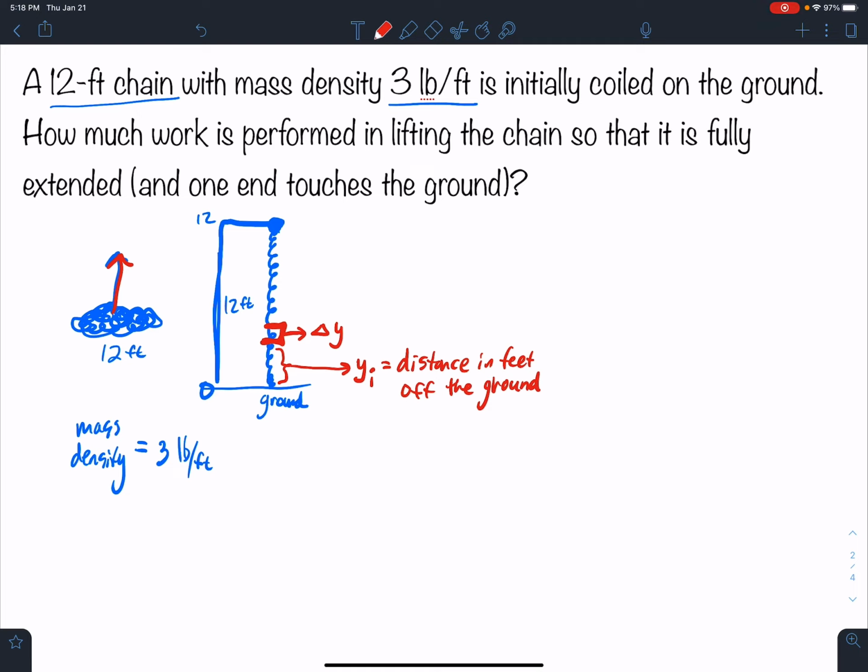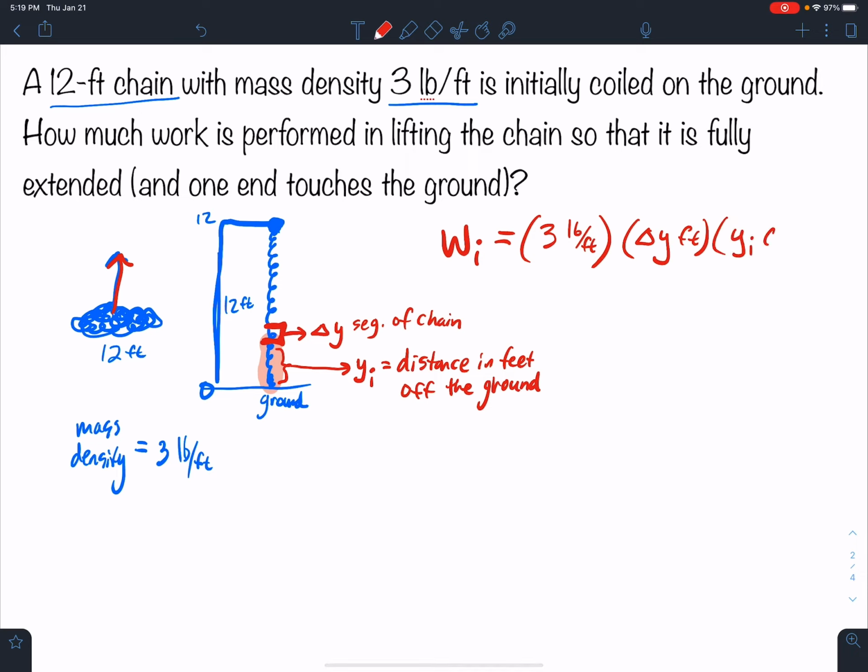An arbitrary slice of work here, so a Wi. Well, what is the work? It's the mass, the 3 pounds per foot, multiplied by, for one little chain segment, delta y feet, and then multiplied by the distance that we move that delta y chain segment, yi feet.